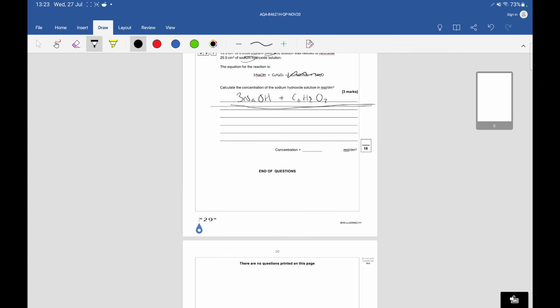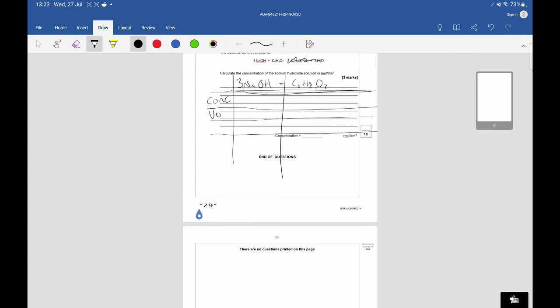And we're then going to need a 4-row table, with everything split up into those 4 rows for us to work with. The first of those should be the concentration, followed by the volume, the number of moles, and the ratio.